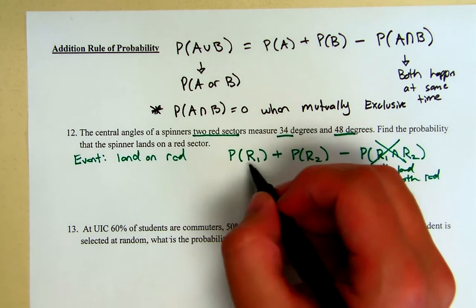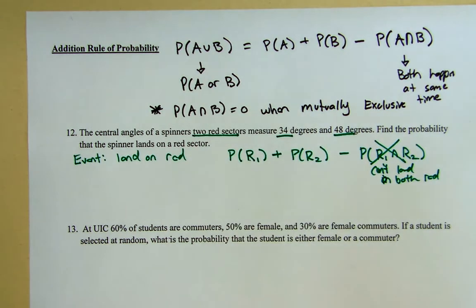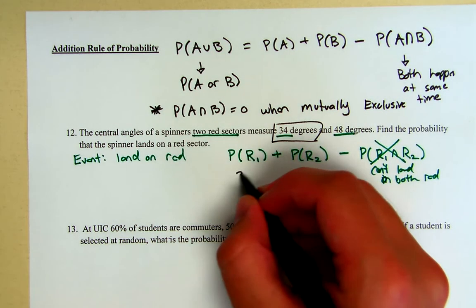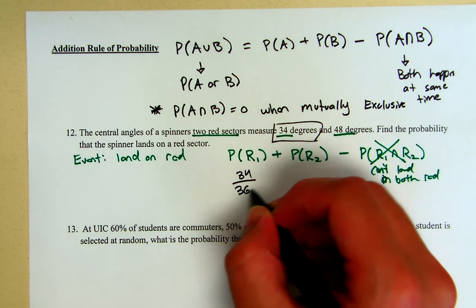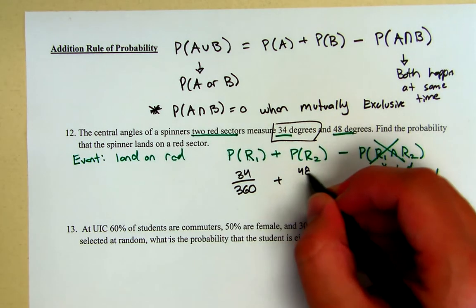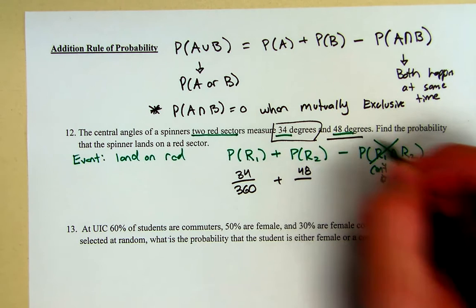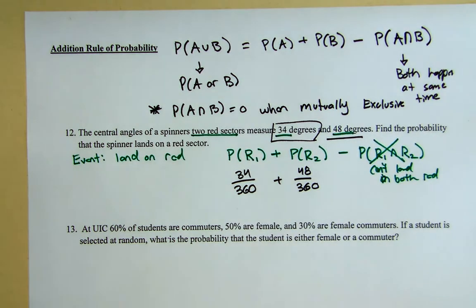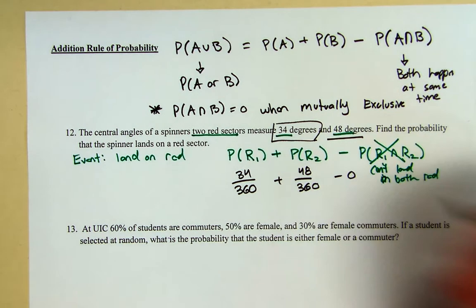Well, what's the probability I end up on red 1? We're going to consider 34 degrees red 1. Since it's a circle, we're going to do 34 degrees out of 360 plus 48 degrees out of 360. Subtract out 0.